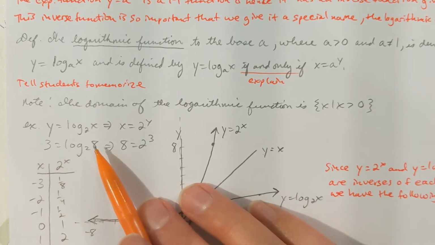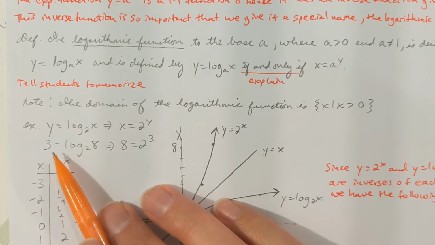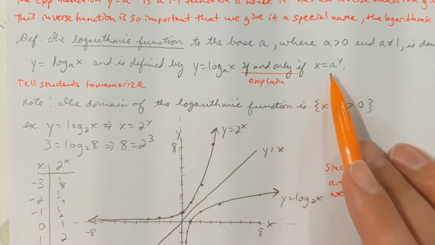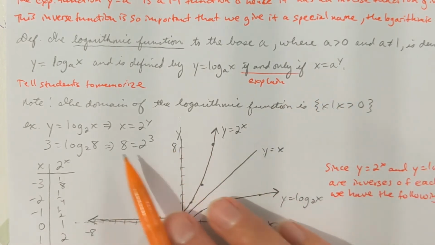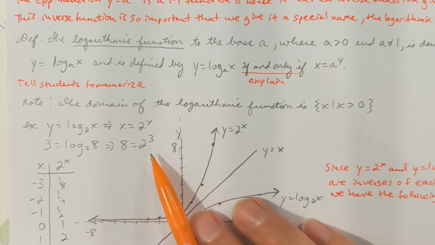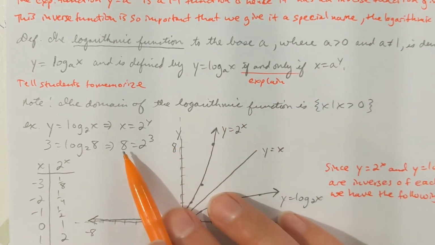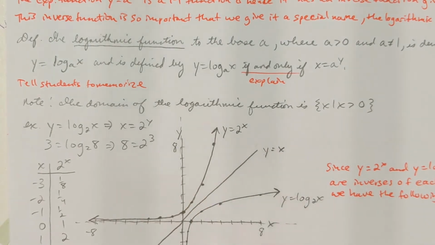Now these are specific numbers that I'm using. And so if I write the equation 3 equals log base 2 of 8, what that means in the exponential form, okay, x is 8, the base is 2, the y value is 3, so 2 cubed would be on the other side. 2 cubed is 8. 2 cubed equals 8, that's a true statement, right?